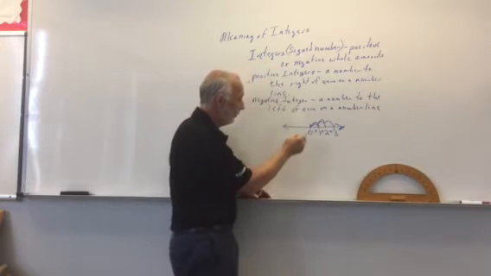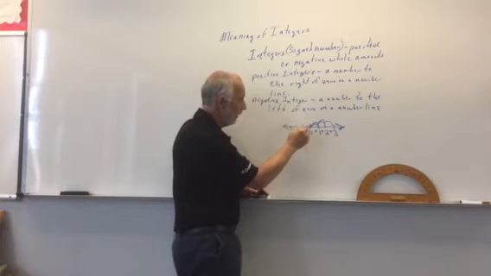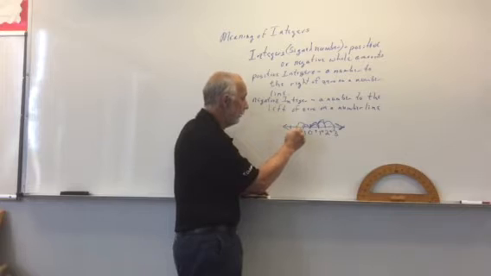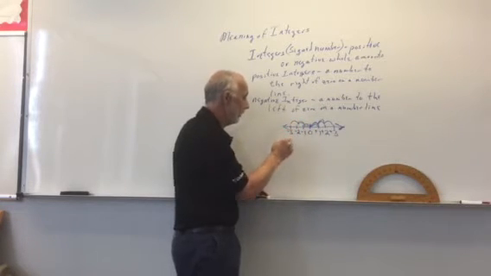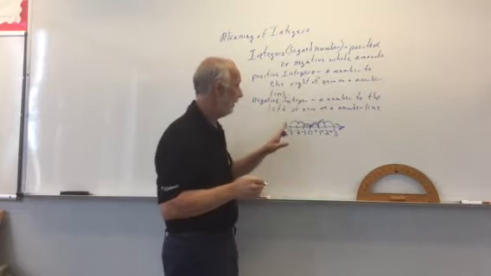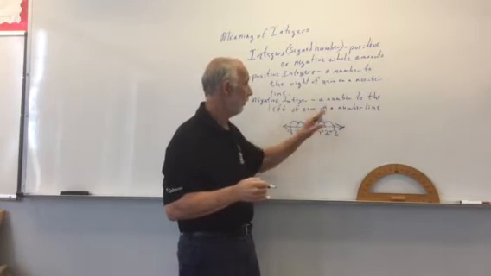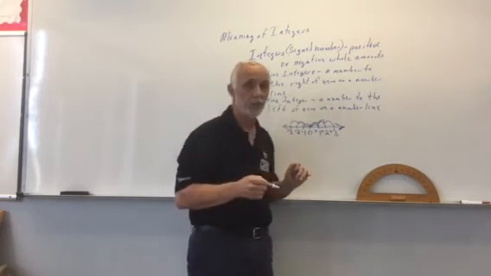Those would be like here, going this way. One place to the left would be a negative 1, two places to the left would be a negative 2, and three places to the left would be a negative 3. Negative integers are whole amounts to the left of 0.